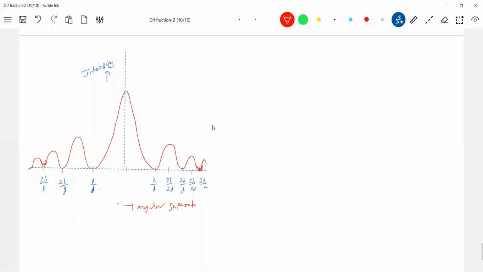So let me now define the expression for intensity. The proof is not there; there is just a possibility of it being asked as a formula. I equals I naught times (sin of beta by 2 over beta by 2) whole square, where beta by 2 is equal to pi d sin theta by lambda.